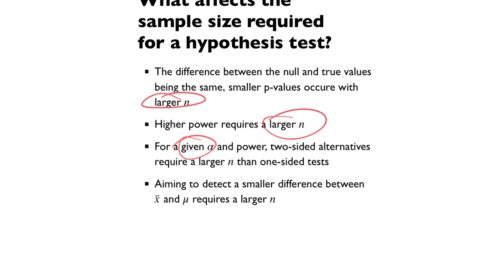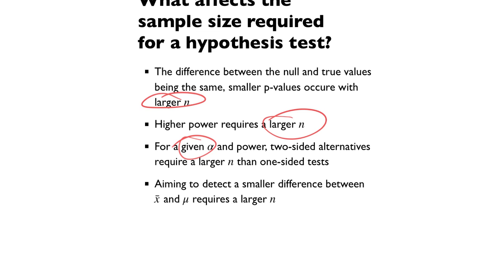For a given alpha, power for two-sided alternatives requires a larger n than one-sided. So if I want 80% power, then the two-sided test will require a larger sample size than a one-sided, again, because your rejection area is smaller.